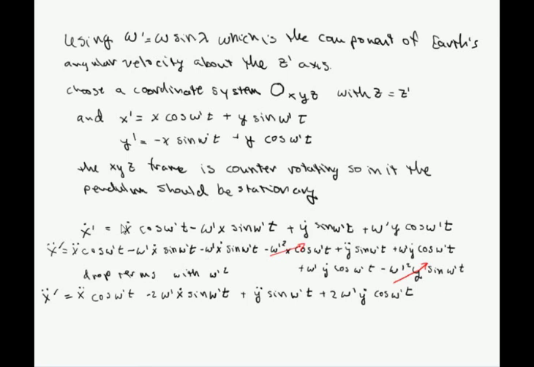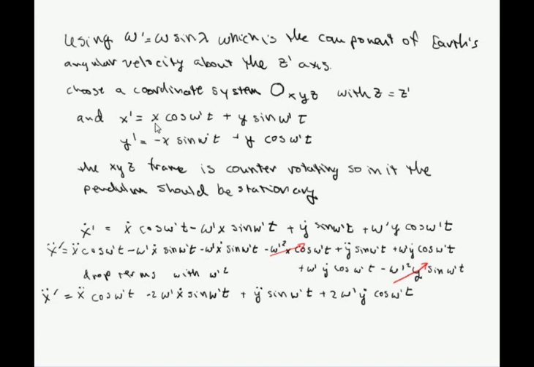And so now we're going to say, okay, here's our relationship between x prime and y prime and x and y. And so we're going to take the first derivative, and calculate x prime dot and y prime dot, and then x double prime and y double prime. Let's just look at the x prime case.